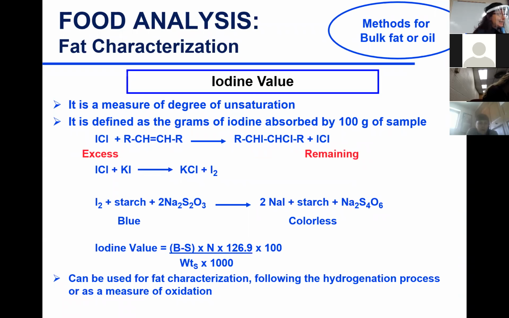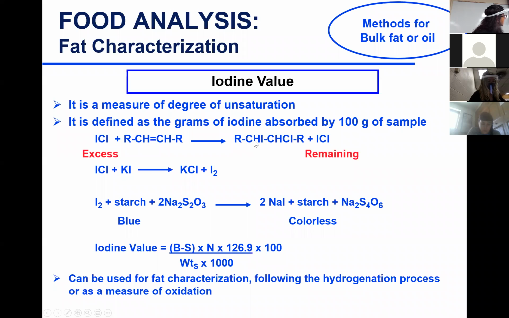If your oil is completely saturated, there are no double bonds at all, and there will be no reaction. So iodine chloride is going to react with your double bond, and you no longer will have double bonds.